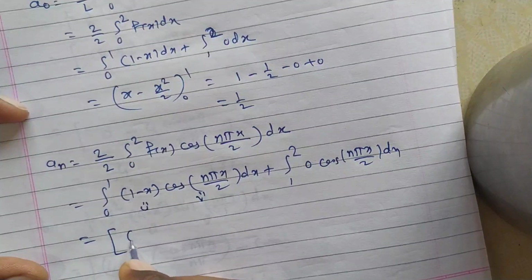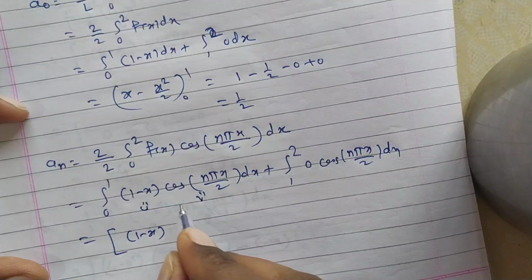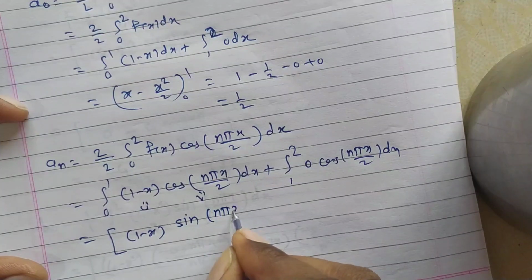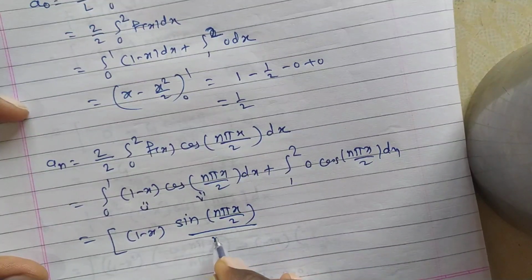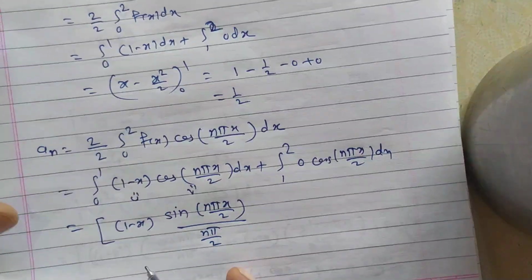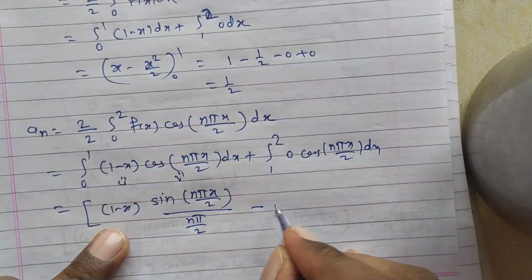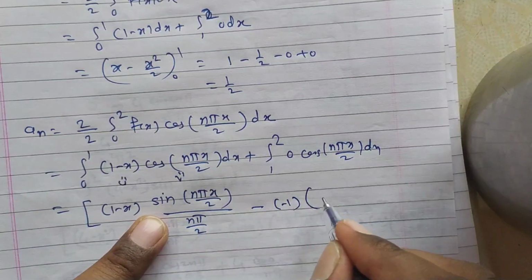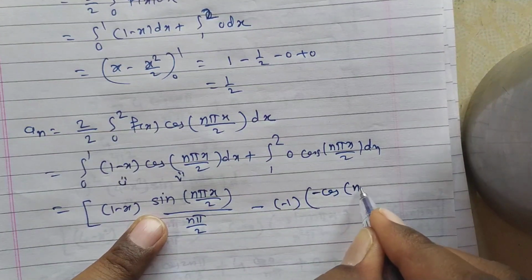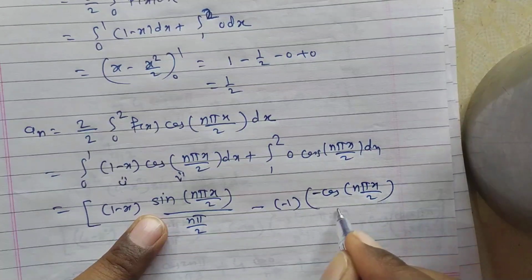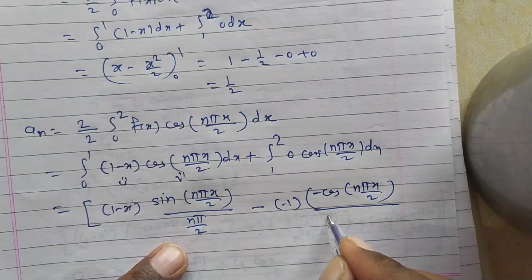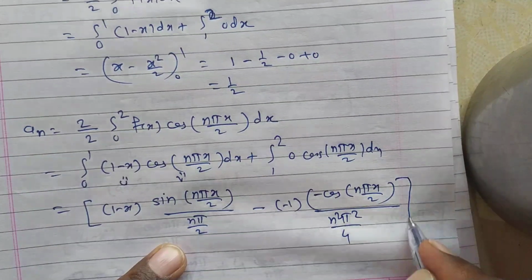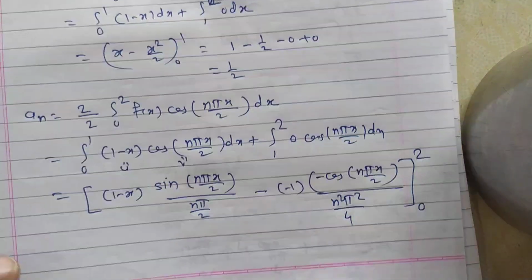So u, that is 1 minus x into integration of cos is sine of n pi x by 2 upon n pi by 2, minus derivative of this term is minus 1 into integration of this sine is minus cos of n pi x by 2 upon n pi by 2 into this n pi by 2, that is n square pi square by 4. And next one is derivative of this term is 0. So stop here, limit is 0 to 2.